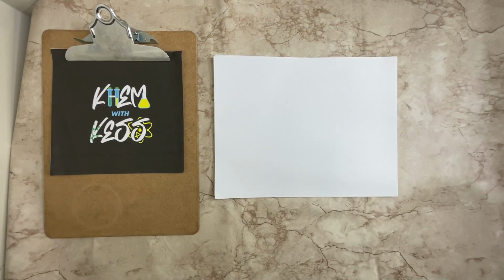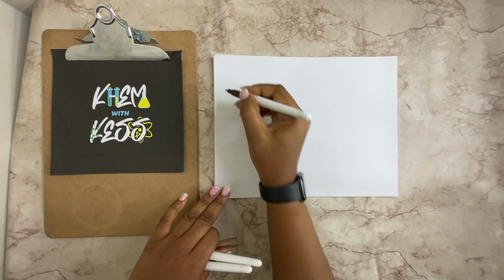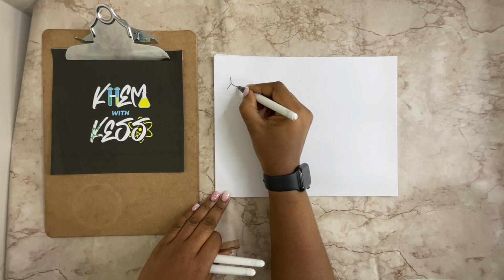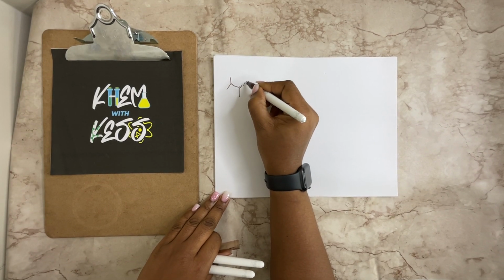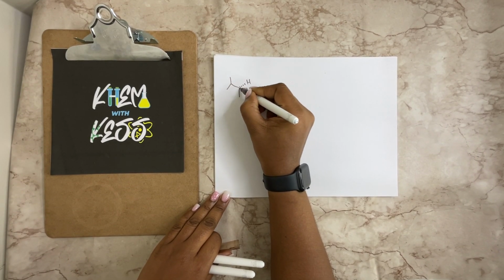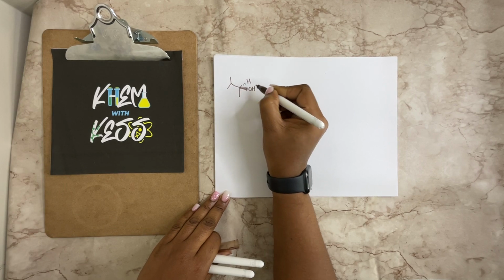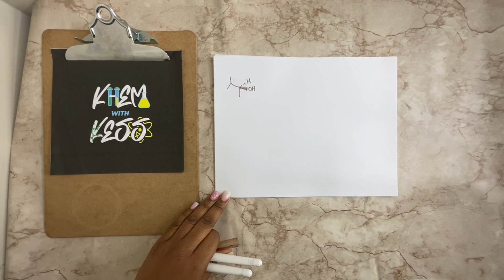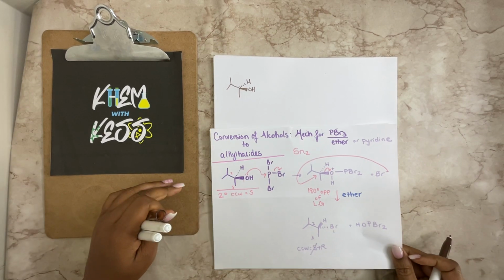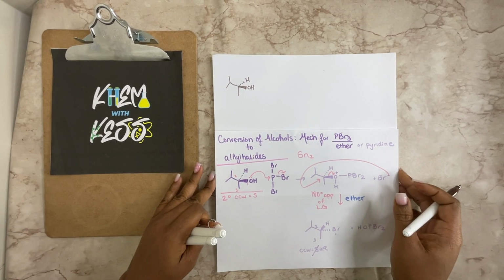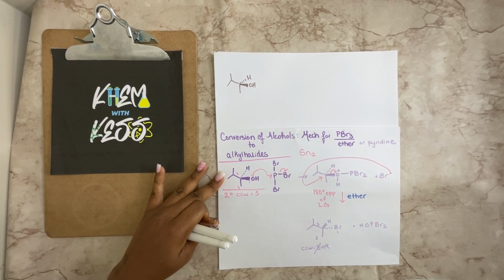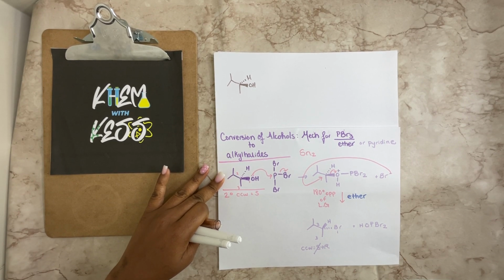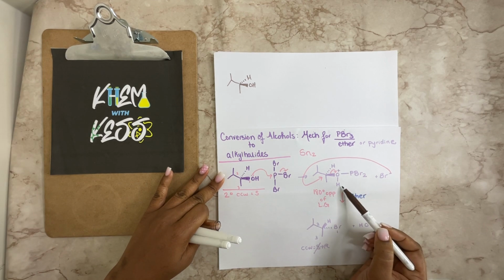Now, if it's pyridine, same exact picture, just showing you the difference. Let's see if I can put this down here. Yes, that makes it a little easier so you can see side by side. Everything is pretty much exactly the same up until this point.